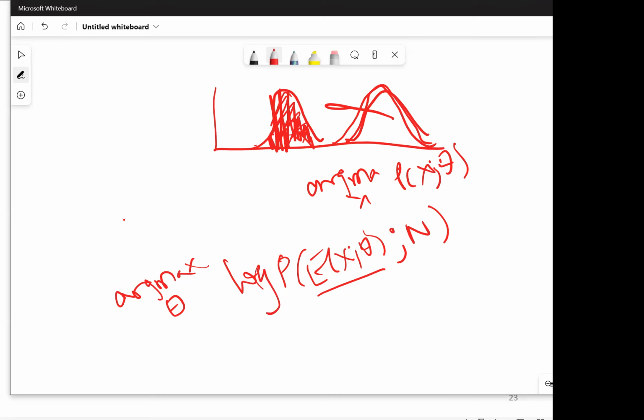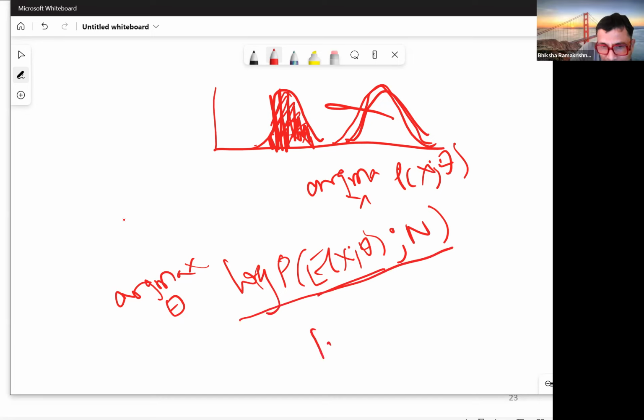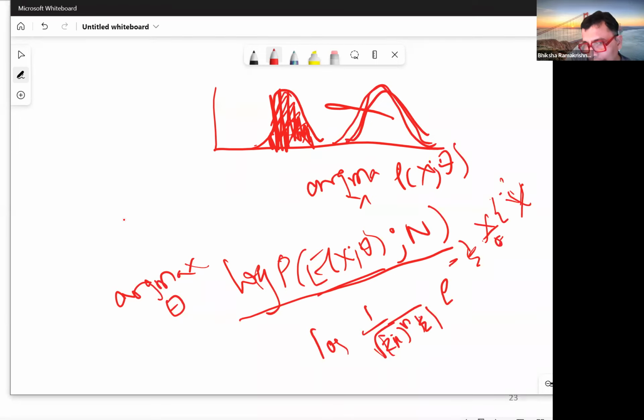And here is the nice thing. Log of 1 over square root of 2 pi raised to d, raised to whatever sigma, e raised to minus half x sigma inverse x. That's your formula for a Gaussian. Sigma is an identity matrix, so this goes away.